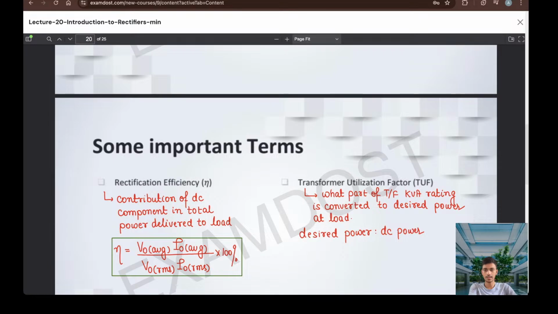This was how much the contribution of the DC component is in the total power delivered to the load. Like total power delivered to the load, how much is the contribution of the desirable DC component?